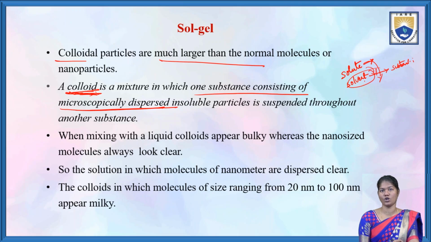The solute is dispersed in the solvent, but it does not dissolve, and it remains suspended in the solvent. So a colloid is dispersed particles suspended in the solvent. When mixed with a liquid, colloids appear bulky, whereas nano-sized molecules always look clear.